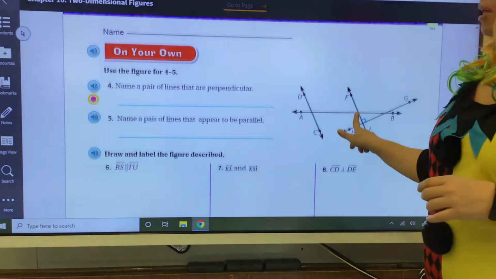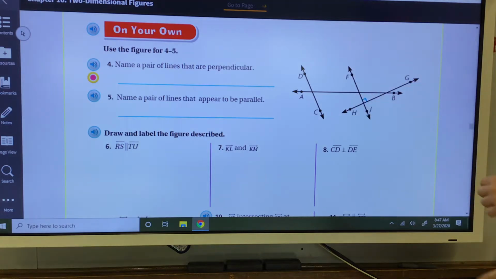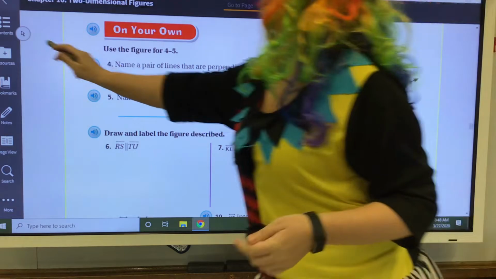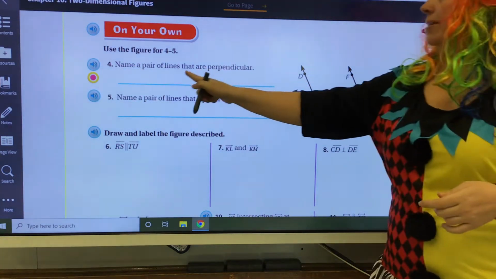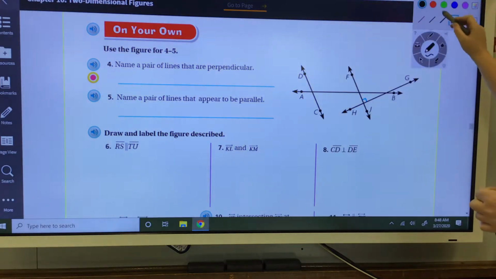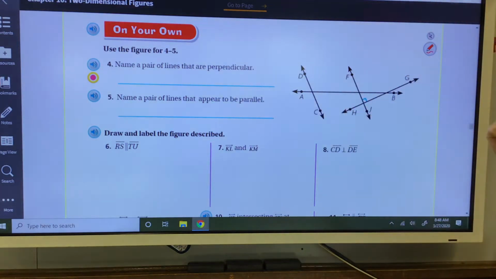Okay. Here they give us a model. It's basically a picture of a whole bunch of lines that are running crazy to each other, okay? And they're asking us to name different lines. So the first thing they're asking us to do is name a pair of lines that are perpendicular.